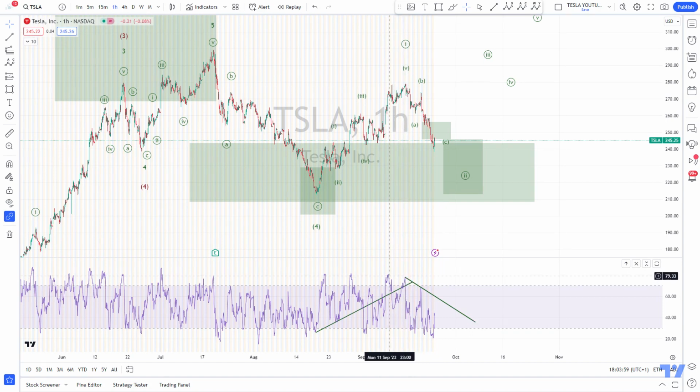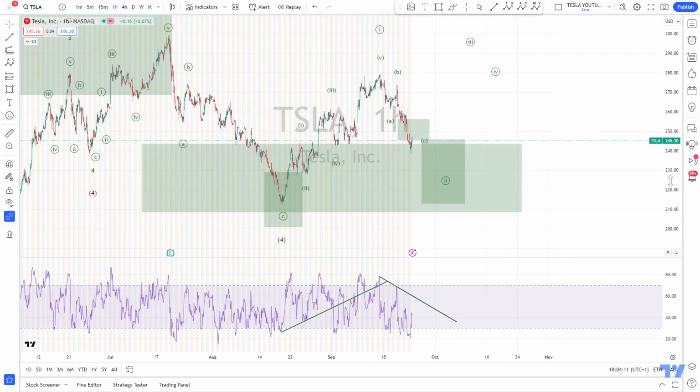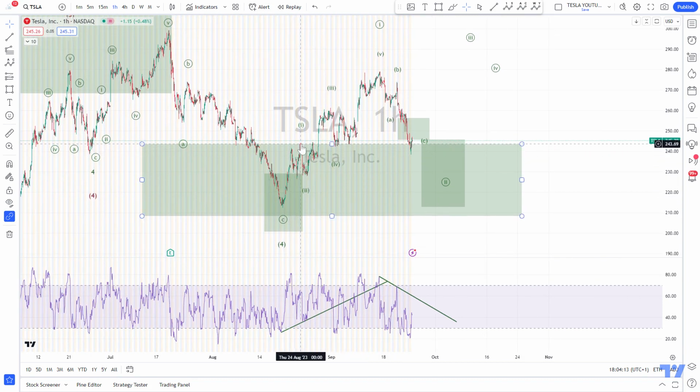So the impulse is supported in RSI, I would say, and we also have all the swings that we need if we look at the subwaves. Here, this wave 1 should be an impulse. If we look at the lower degree, I would say something like 1, 2, 3, 4, 5 impulse. Then a corrective move down as a wave 2.